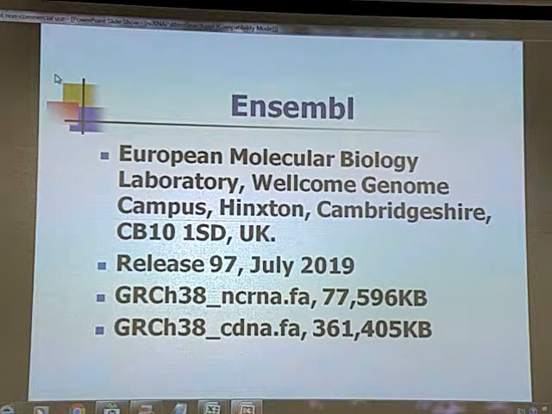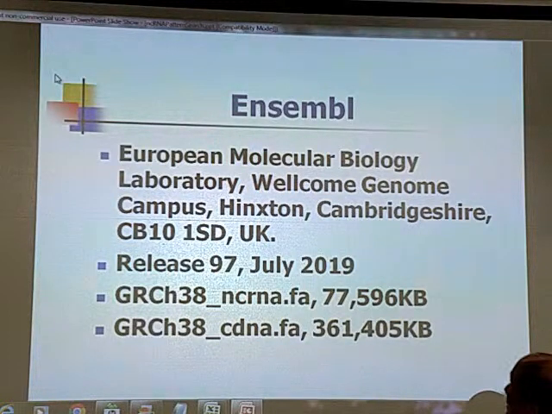And this is the database I used, because there are a lot of different collections and it's hard to use them all, but this seems to be a very nice collection in Cambridge.